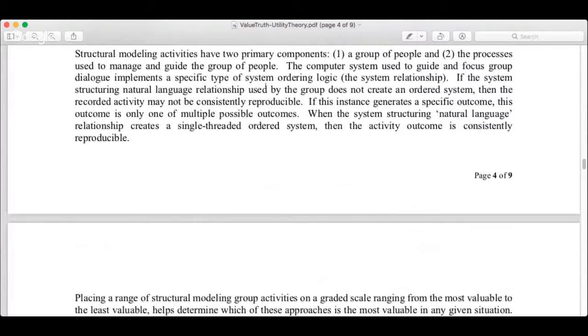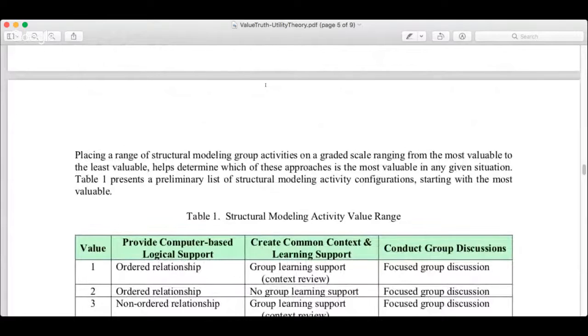If you don't have that, then our experience has been, when we went back and tried to reproduce the previously published activities with the information available, we were unable to reproduce those. We got a different outcome.